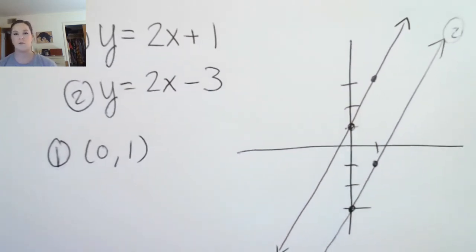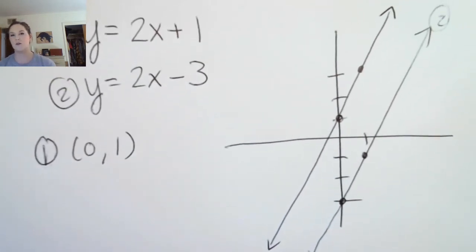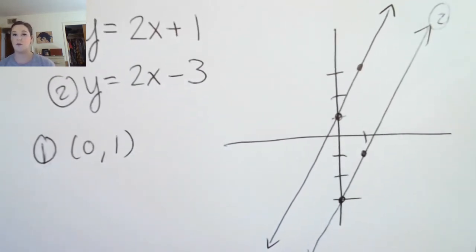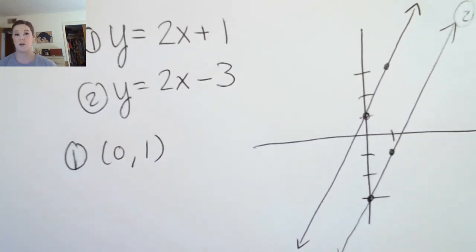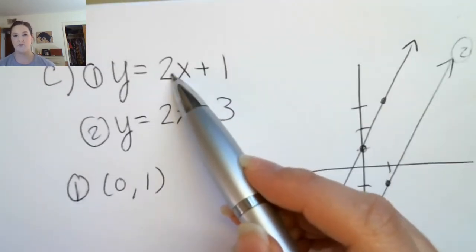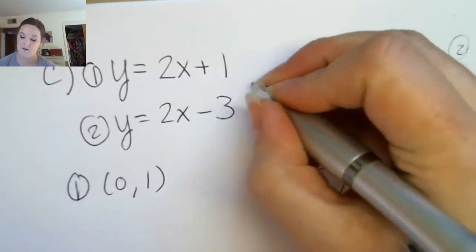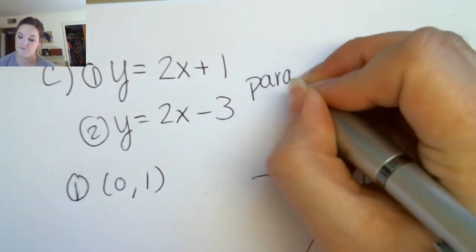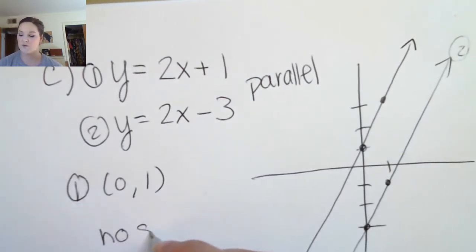Remembering that our solution is the point of intersection, look at these lines. Is there a point of intersection? Well, no, there isn't. How can we be sure that they don't cross really far apart? The slope of this line is 2, and the slope of this line is 2. That means they're parallel, so we know for sure that these aren't going to cross, which means that we have no solution.